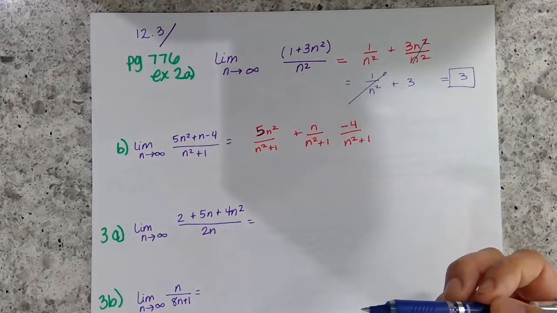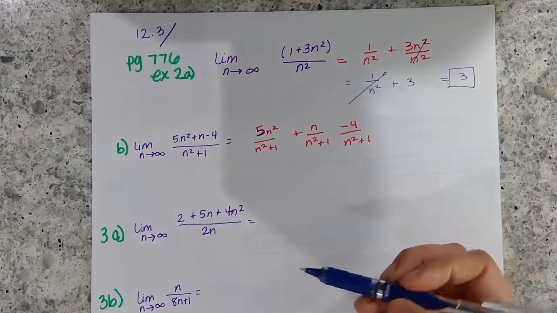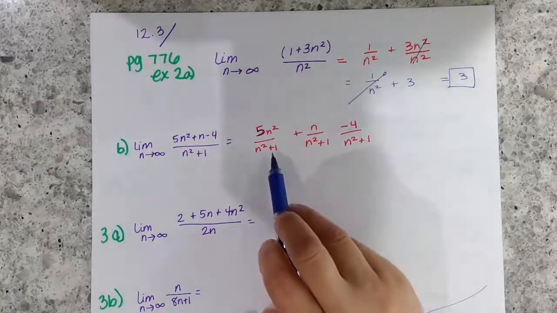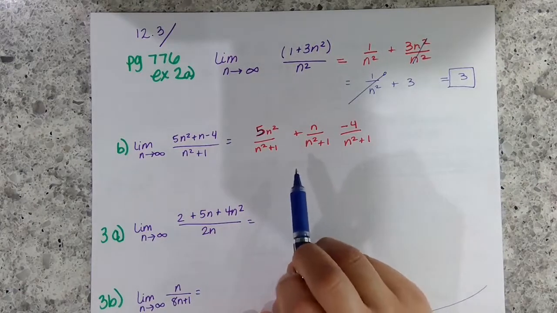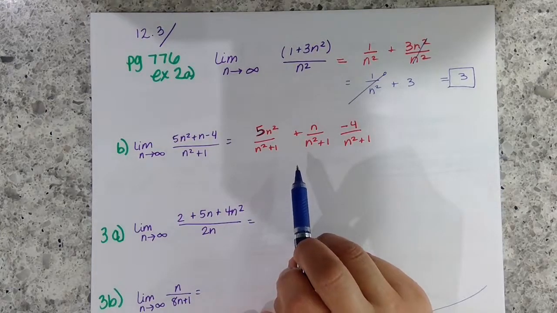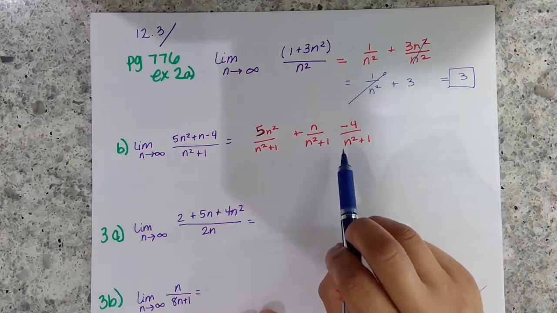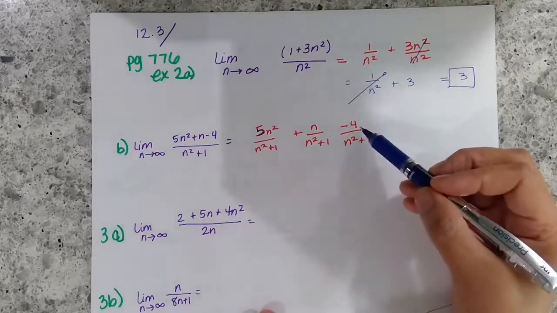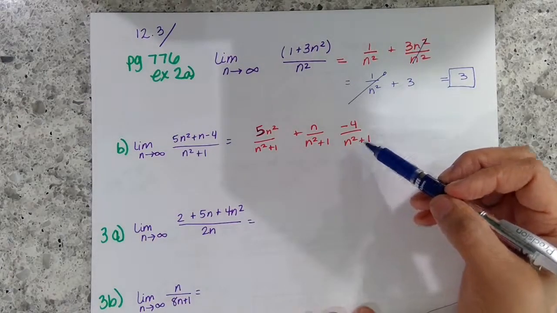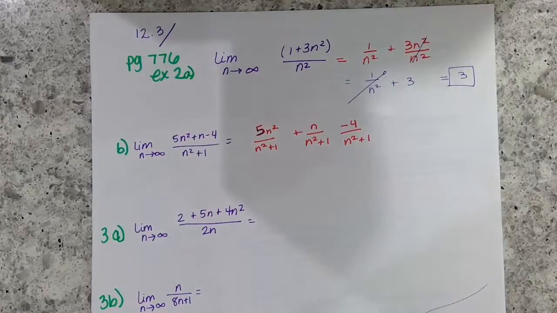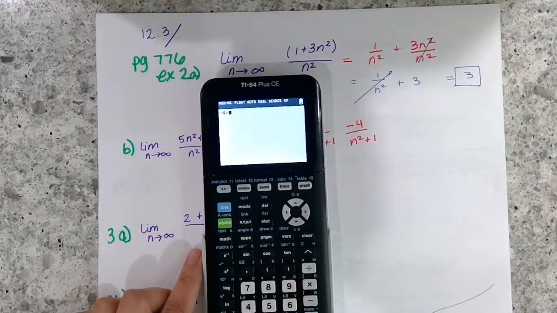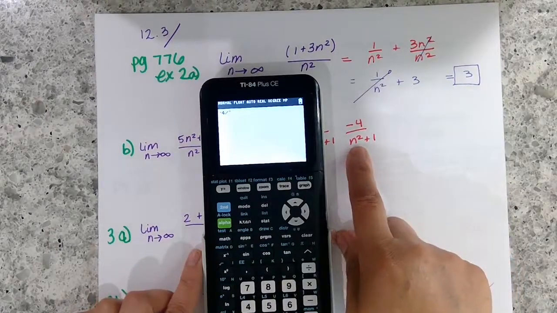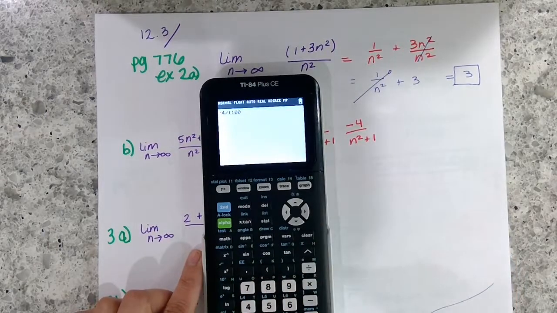Well, in this case, here, -4, n squared is going to be, let's just pick 1,000 again. So if I did -4 divided by 1,000 squared, that's going to be so small.